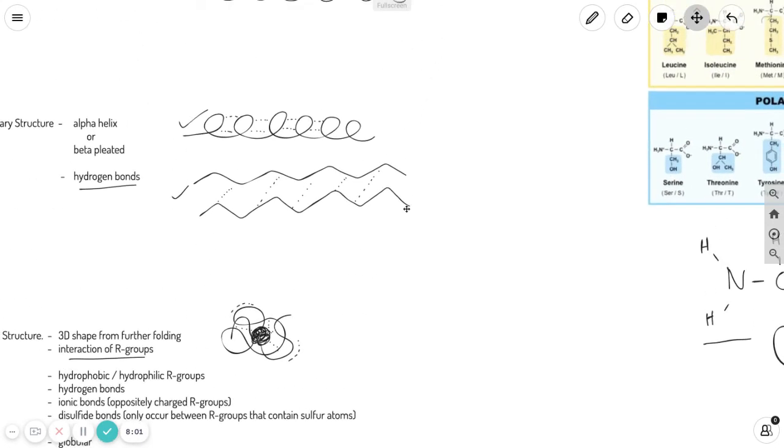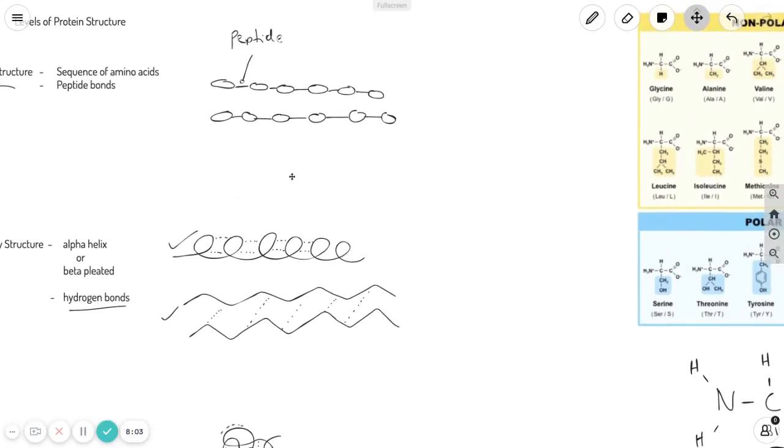So imagine if this amino acid here has a positive charge, because the R group's got a positive charge, and this one's got a negative charge. Well, you can see how this could start to fold over. And then that negatively charged amino acid is going to start to interact with that one. So you've got this new chain starting to fold over onto itself.